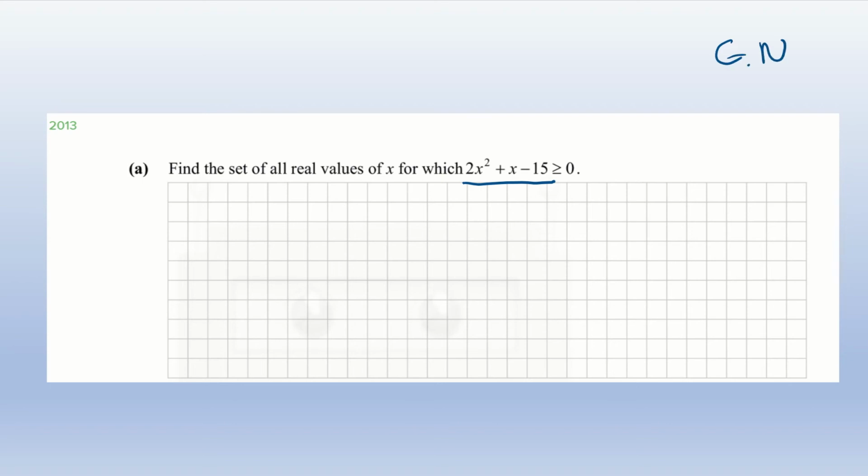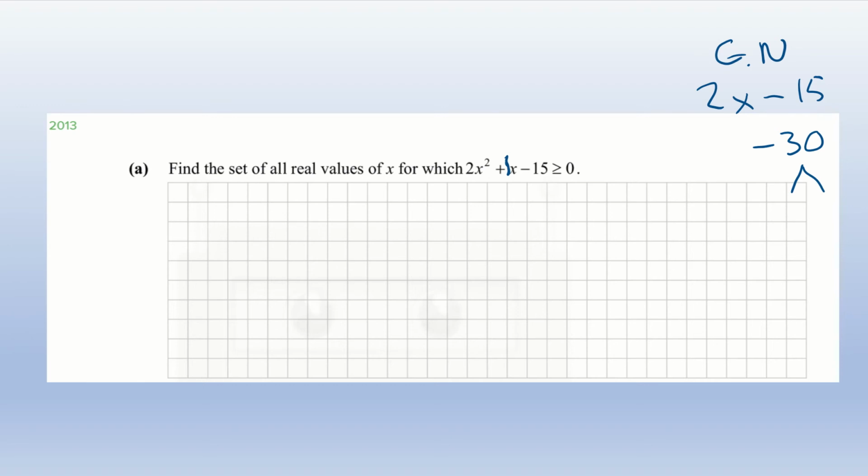My guide number is going to be the coefficient of my x squared, which is 2, multiplied by my constant at the end, which is minus 15. So 2 times minus 15 is minus 30, and I want to find factors of minus 30 that add together to give me the plus 1, which is the coefficient of my x in my quadratic.